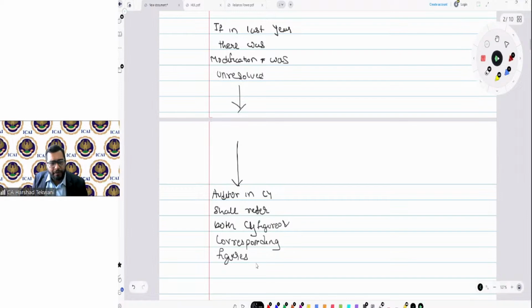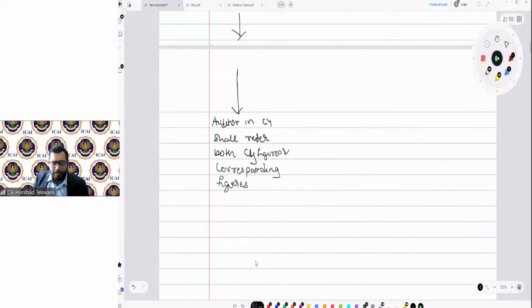Okay, shall refer both the current year figures and corresponding numbers along with modification in the opinion.